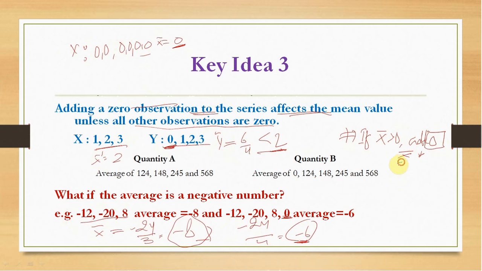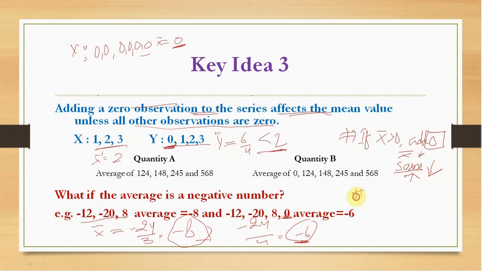It is because the same positive number will be divided by a larger integer. So the value of x bar will go down.